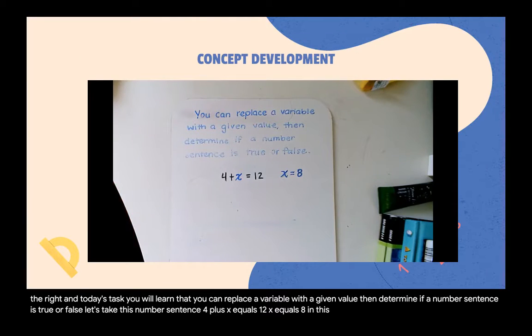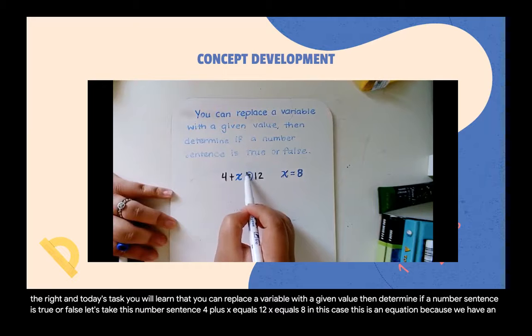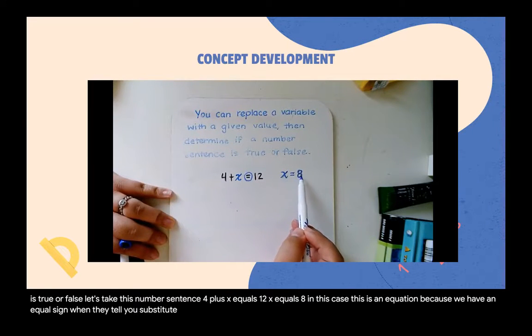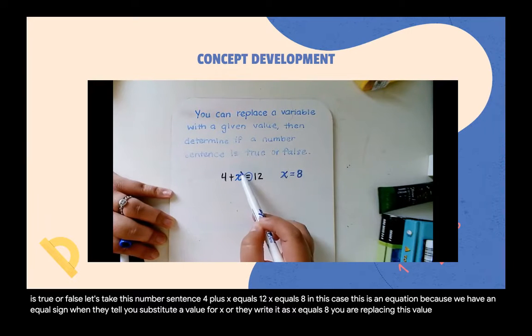In this case, this is an equation because we have an equal sign. When they tell you substitute a value for x, or they write it as x equals 8, you are replacing this value for the x.